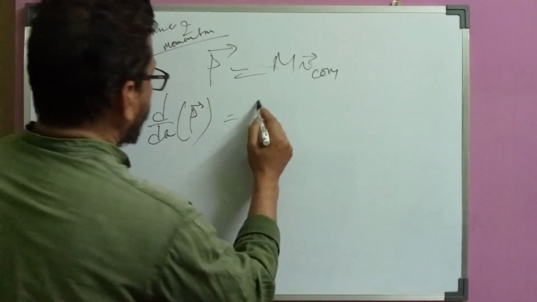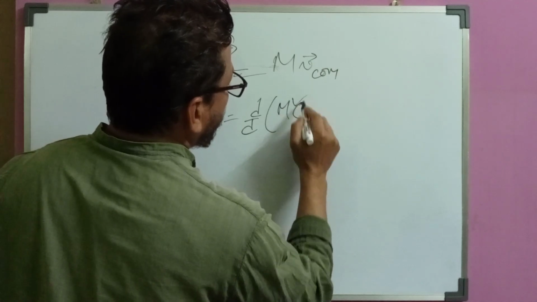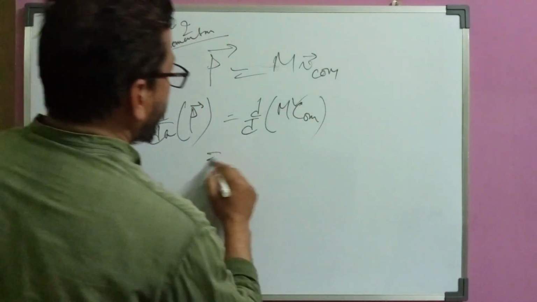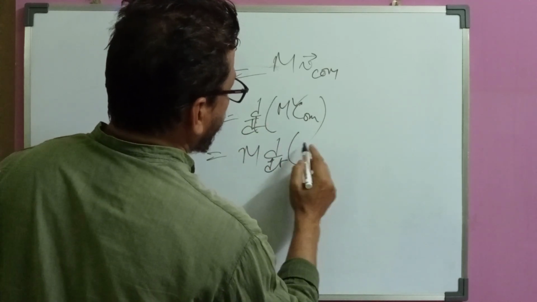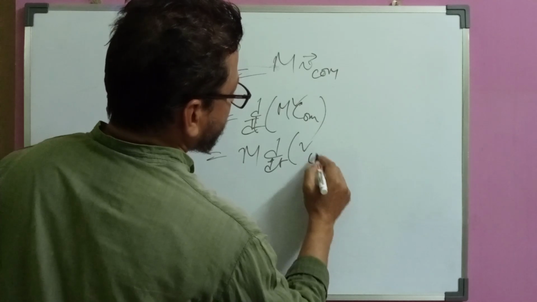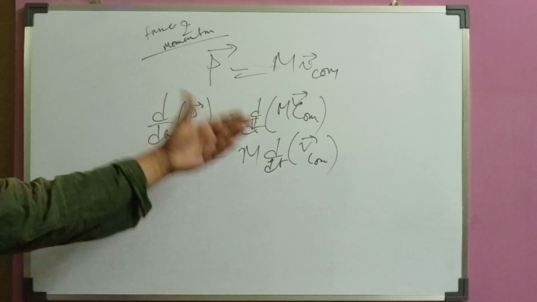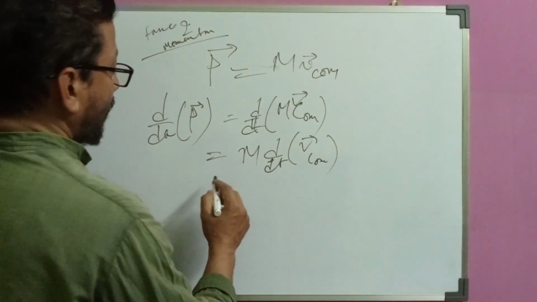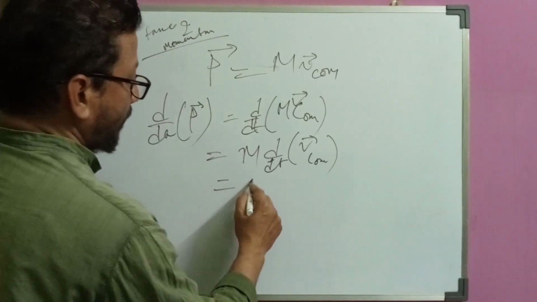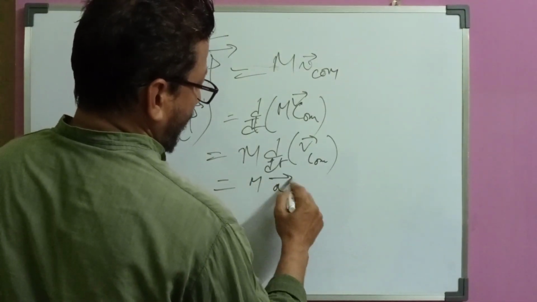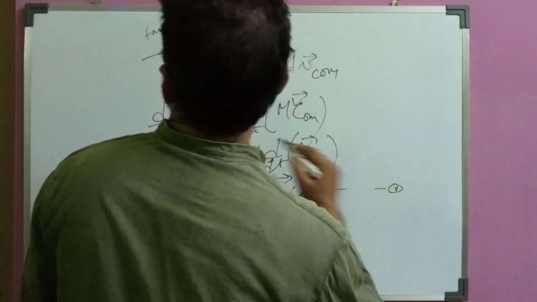d/dt of mv, m will come out, d/dt of v. So again what will we get? That is F net, which gives m a. So everything will be like this. Again from this, force and momentum.